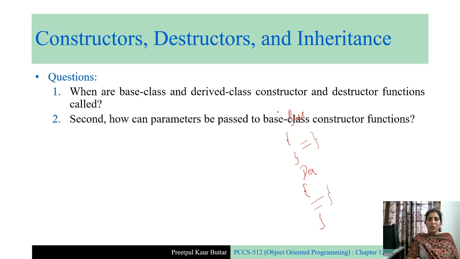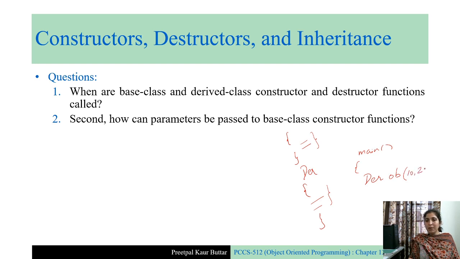And the second question is, how can parameters be passed to base class constructor functions? When we are using inheritance, we create the object of the derived class, and when we create it, we initialize all its data members.